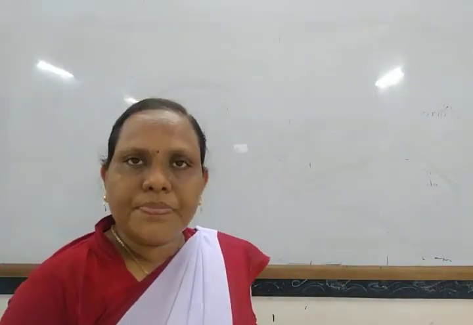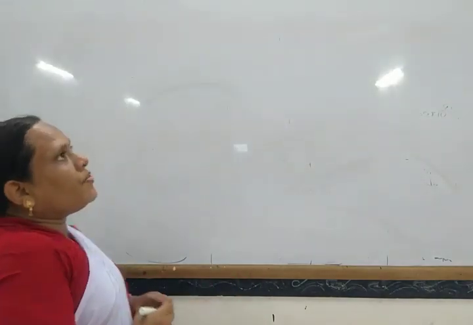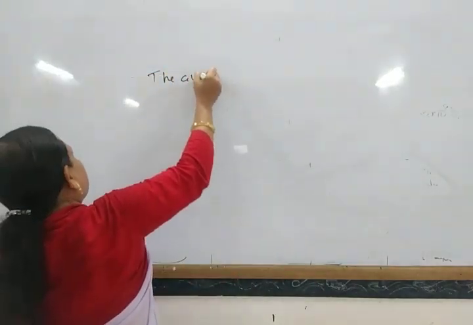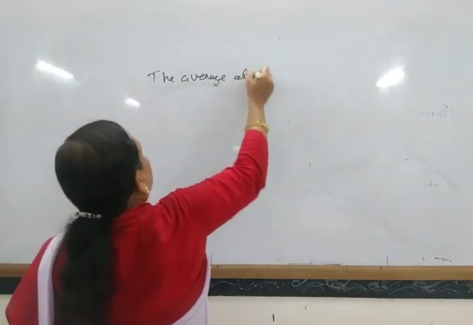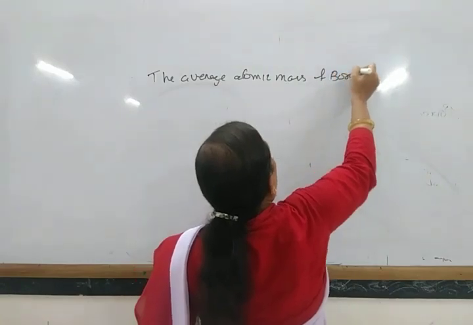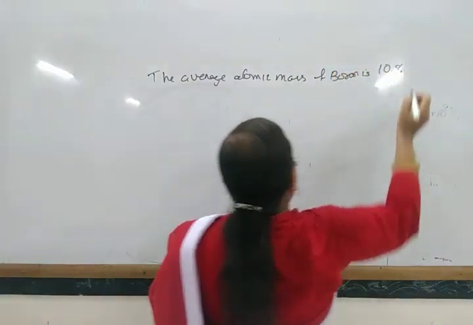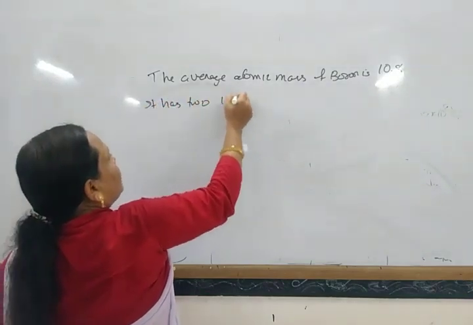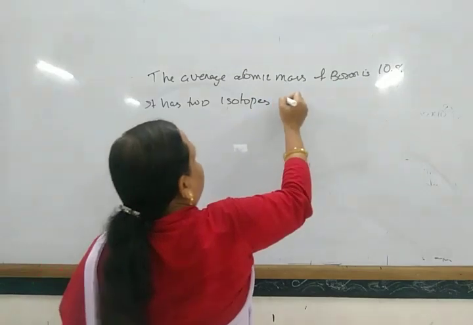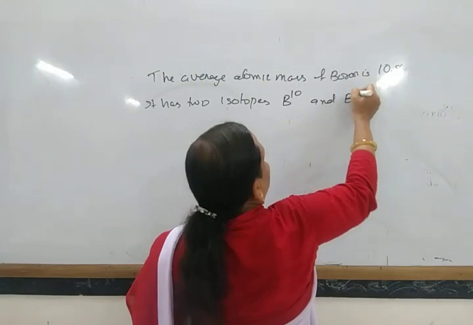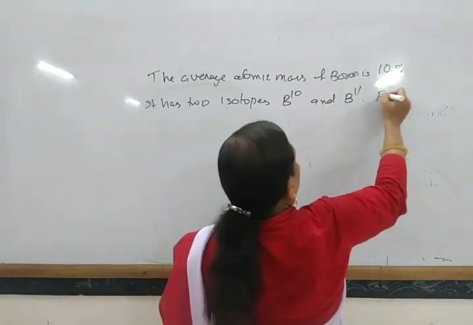Now just one problem: the average atomic mass of boron is 10.8. It has two isotopes, boron 10 and boron 11.